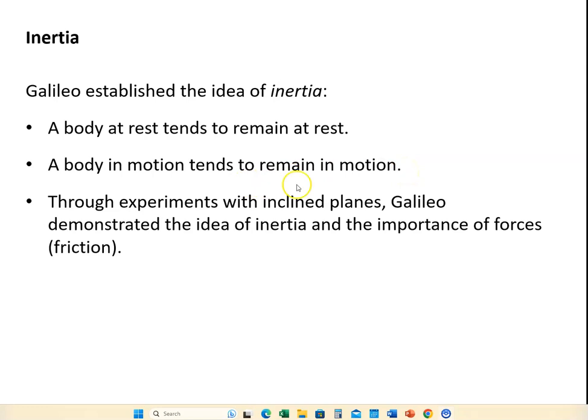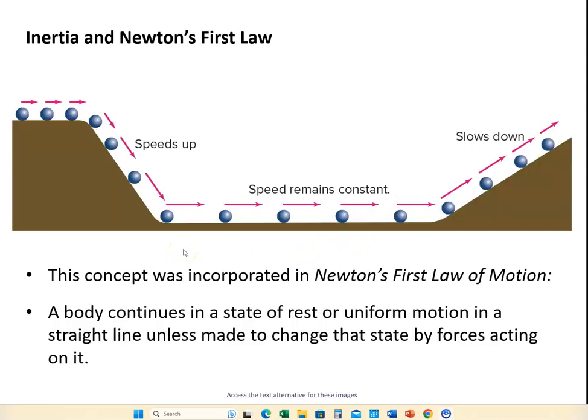It's a little more complicated than that, but that was initially his thoughts on it. He did some experiments with inclined planes, and we're going to see that in just a little bit.